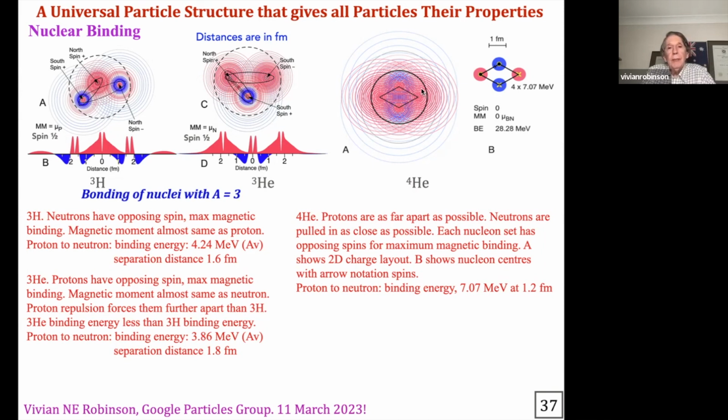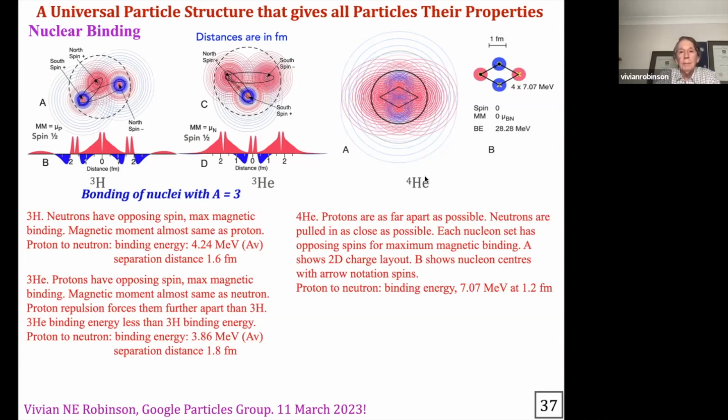Going to 4He, the alpha particle. This shows all the fields imposed upon each other. The protons will try to get as far away from each other as possible, and the neutrons will be drawn in as much as possible. What you will have is one proton spin up, the other spin down, one neutron spin up, one neutron spin down, to get maximum magnetic binding.